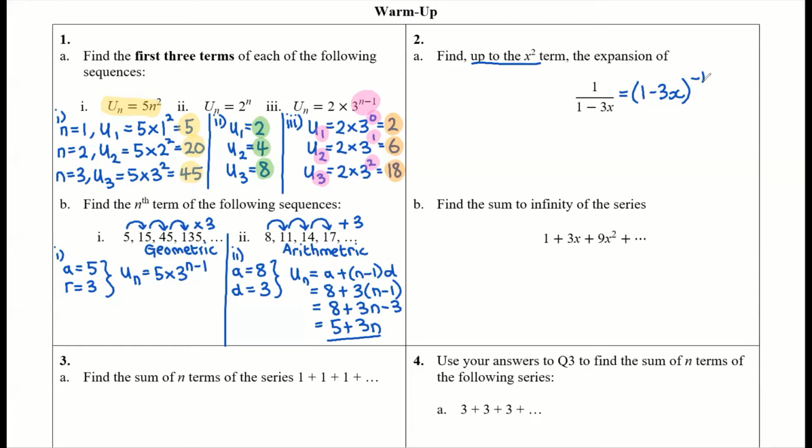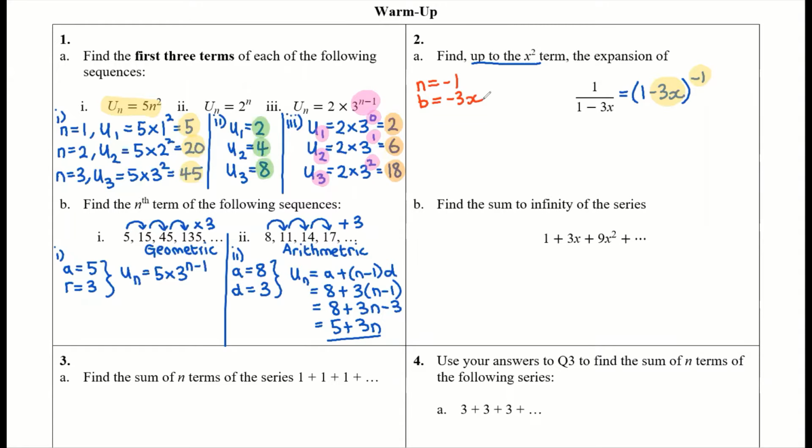Okay, and then if you just identify what are the values of n, well, n is negative 1, and the b value is going to be negative 3x. So let's just make a note of those. So n equals negative 1, and my b is equal to negative 3x.